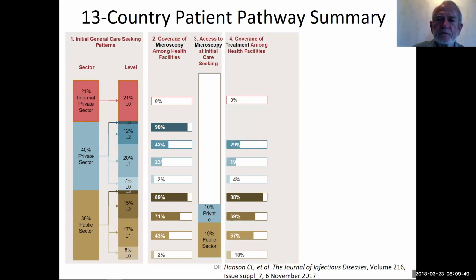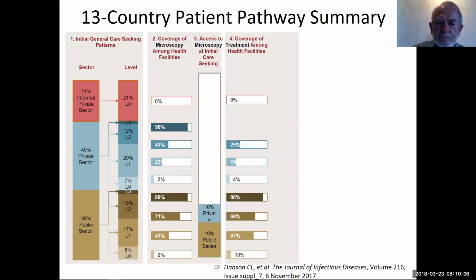And if you superimpose the coverage of treatment services on this, you see, again, that there are limitations of treatment services based on the levels of care.